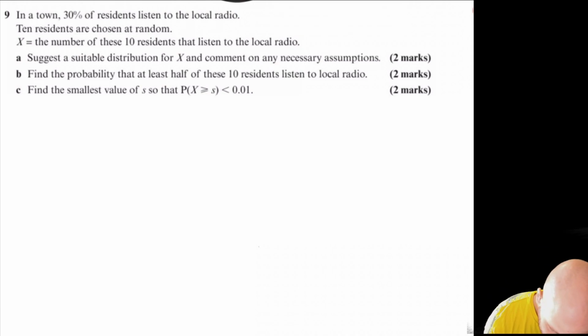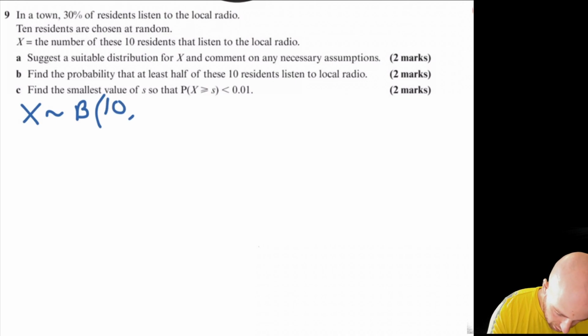So x squiggly line, b, n is 10, and p is 0.3.